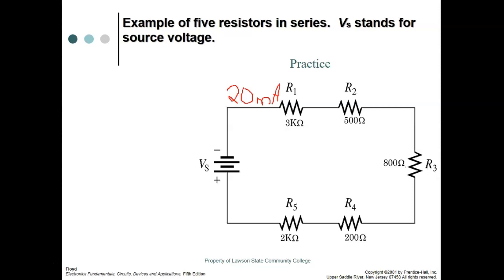Our formula is power is equal to voltage times current. So I've already got my current, I've got my voltage. All I've got to do is what? Start playing with multiples, right? So 130 times 0.02 gives me what?